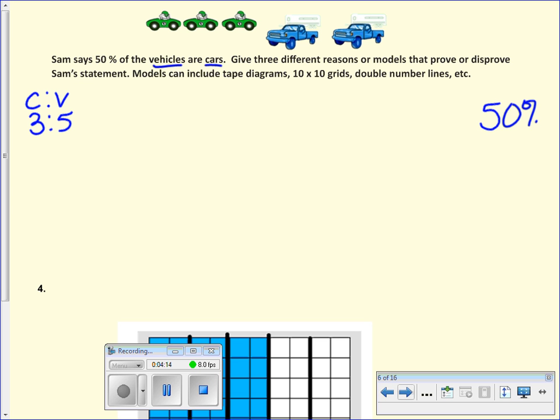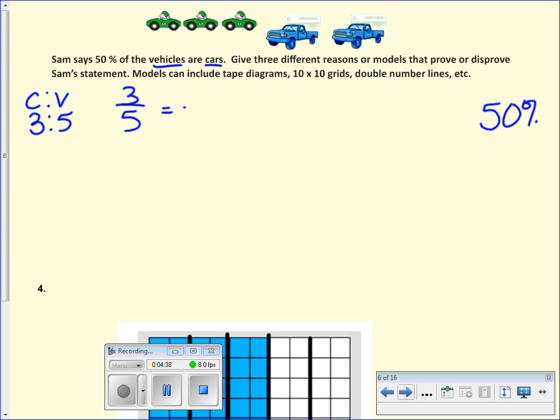What's another way to write a ratio? 3 over 5. Yeah, we could write that as a fraction. Part to whole. What's another way that we learned on Friday that would represent the same value? Instead of a fraction, we could write it as a percent.